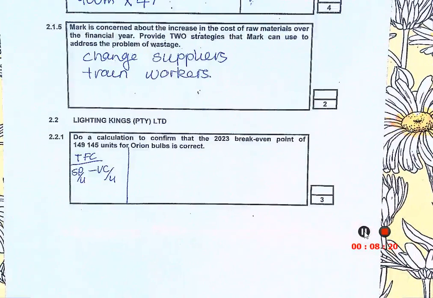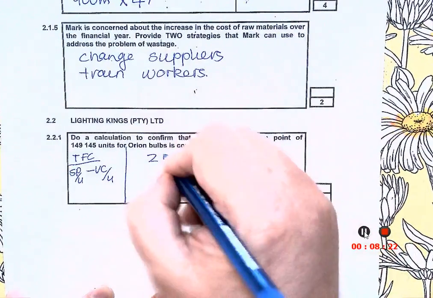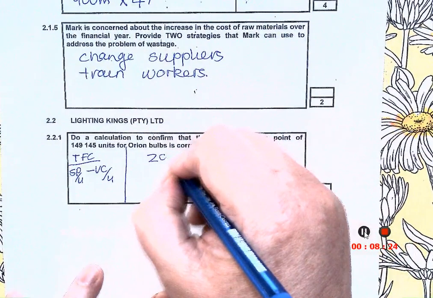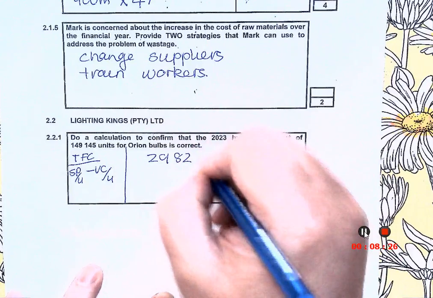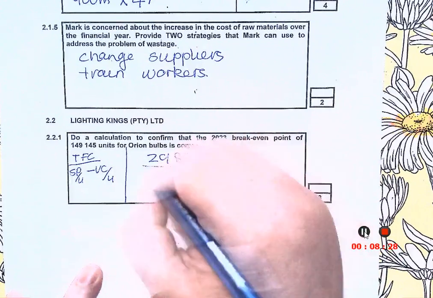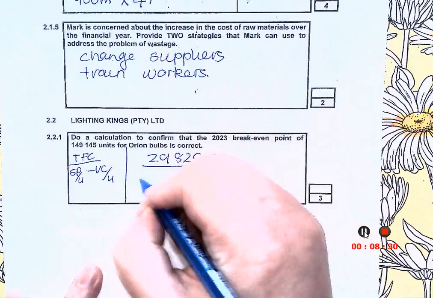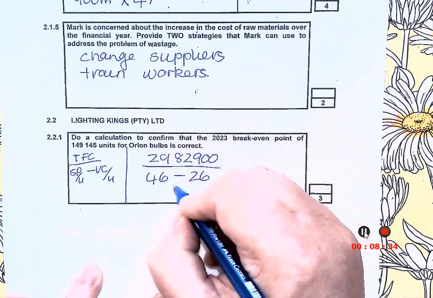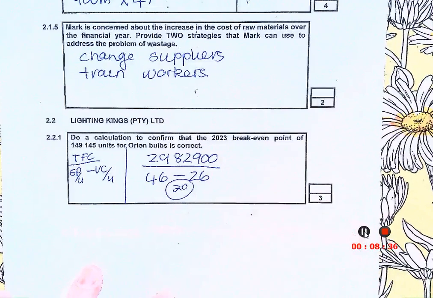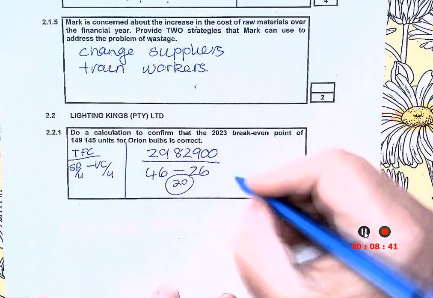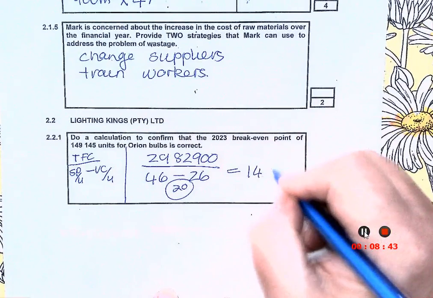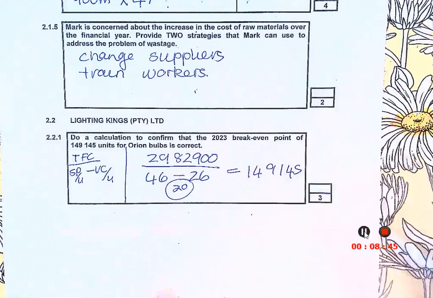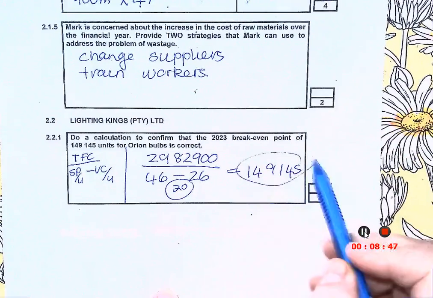Okay, so I'm going to take the total 2 900 over selling less variable, so this gives me 20. So 2982 whatever divided by 20, and it will give me 149145.